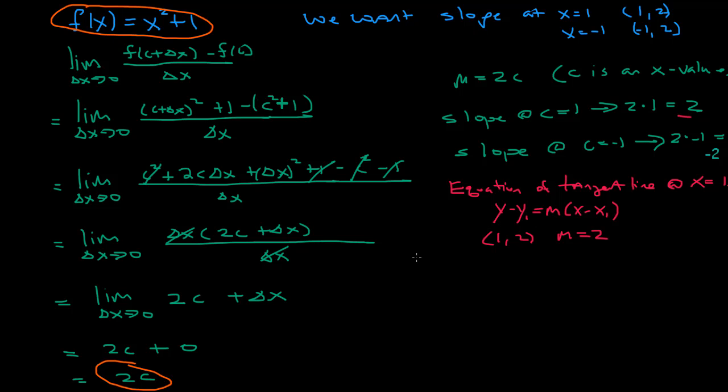This right here is called point-slope form. So y minus y1 equals m, which is 2 times x minus x1, x1 being 1 here. Now let's clean this up. So y equals 2x minus 2 plus 2, or y equals 2x.